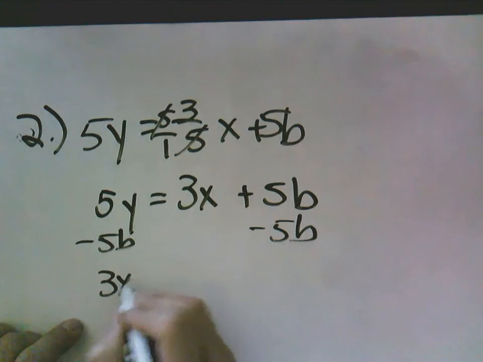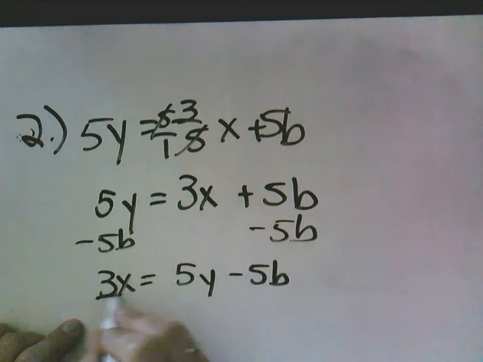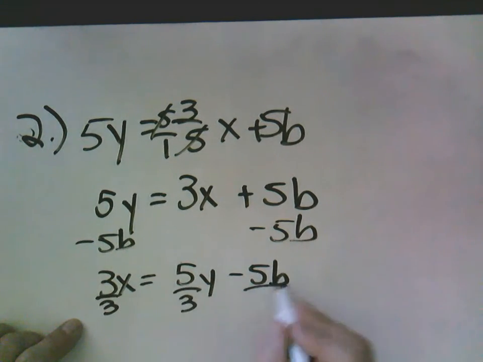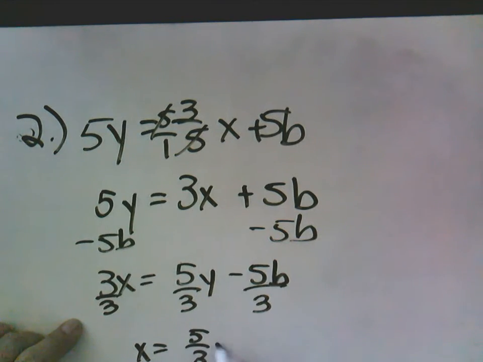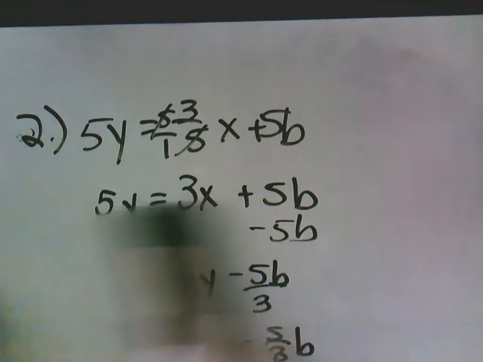And I get 3x equals 5y minus 5b. Divide by 3, divide by 3, divide by 3. So if you get x equals 5/3 y minus 5/3 b, or 5b over 3, it's the same thing, you are correct. Okay, so now you're going to watch me do number 3, and then you're going to stop the video and you're going to try 4, 5, and 6.